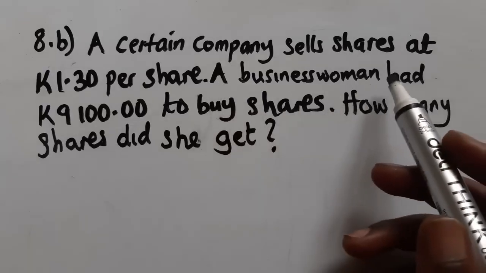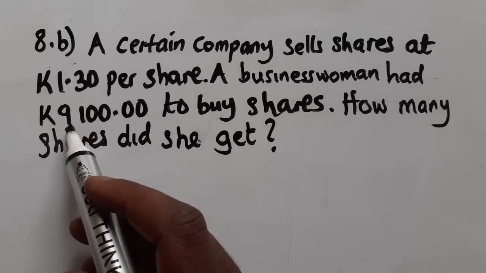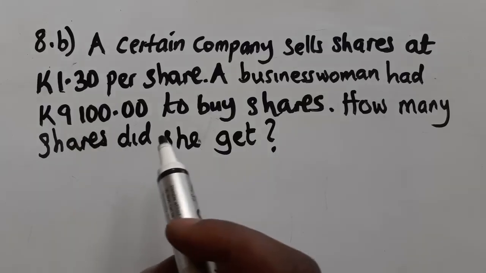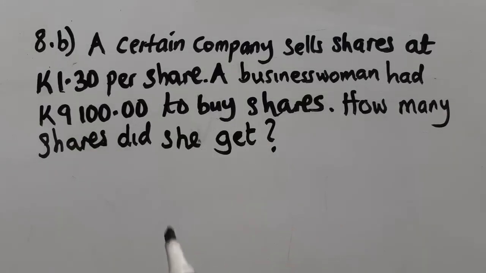A business woman had 9,100 kwacha to buy shares. How many shares did she buy?